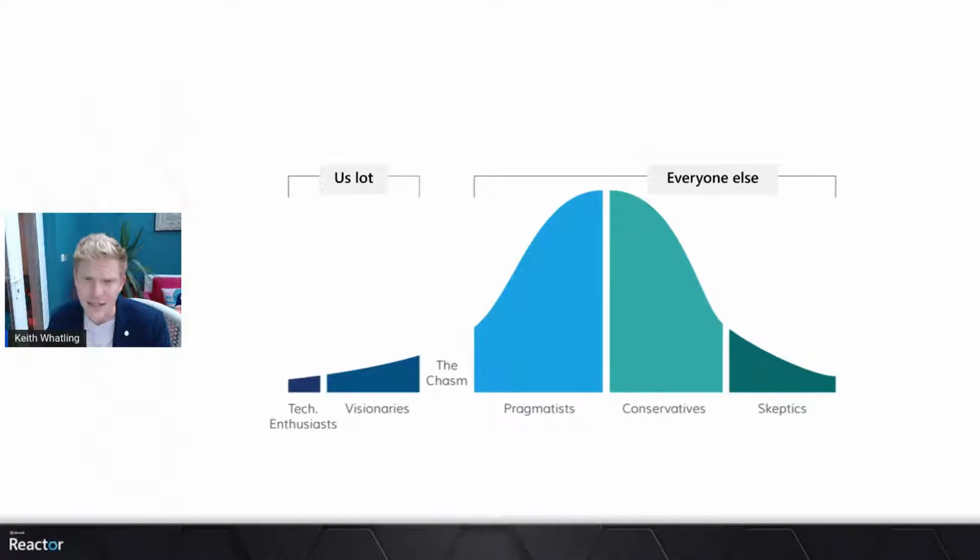Okay, so this is the adoption bell curve, right? I borrowed this one. It's a bit of a classic, right? And on the left-hand side is still us lot. We are right at the beginning of everybody else. We still find organizations that have never heard of it. We still find people who are saying, well, what's that?